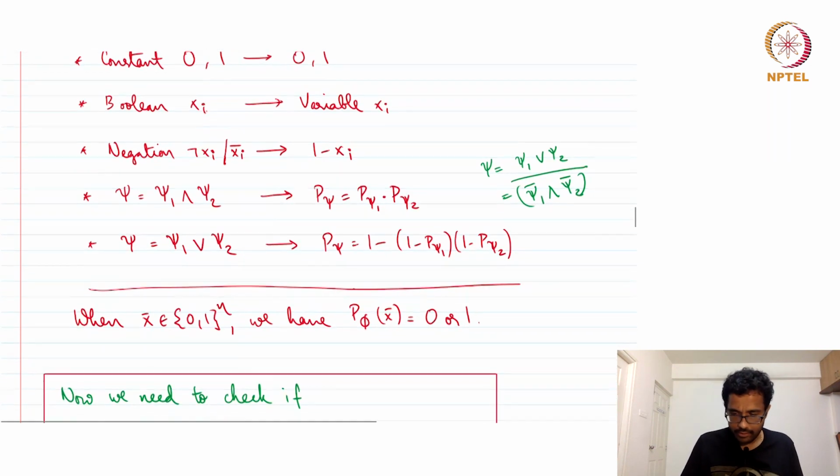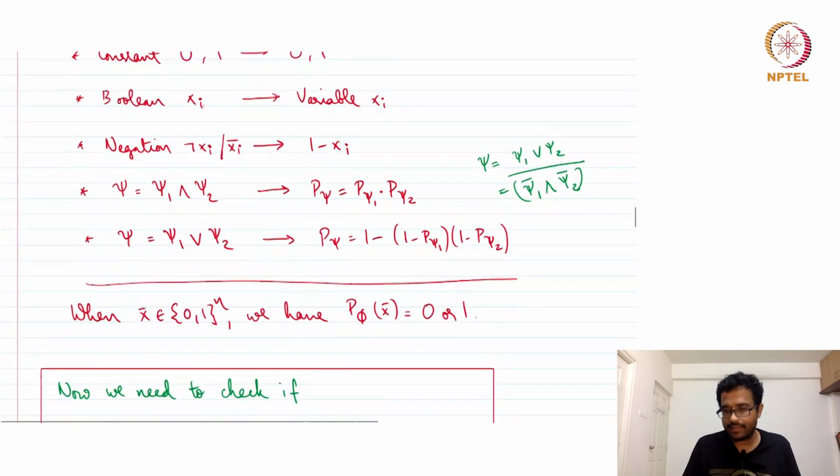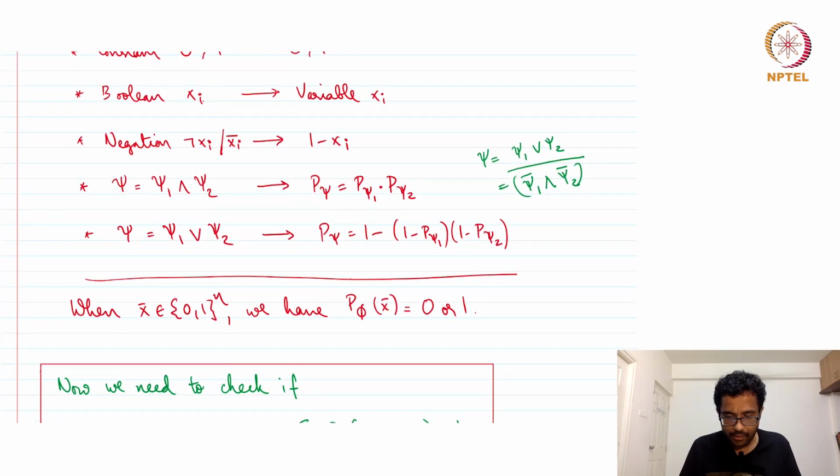Okay, so this is what we have, and it should be fairly clear from the construction that whenever the inputs x1 up to xn are from 0 and 1, the polynomial evaluates to 0 or 1 depending on whether that particular assignment x1 to xn is a satisfying assignment or not.